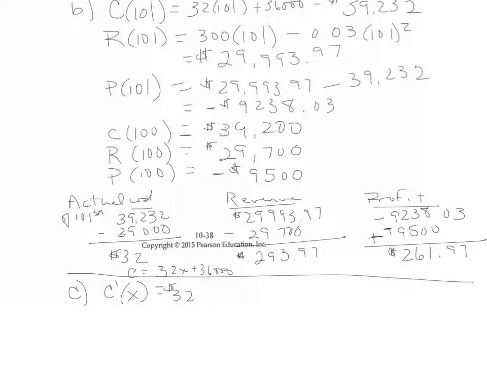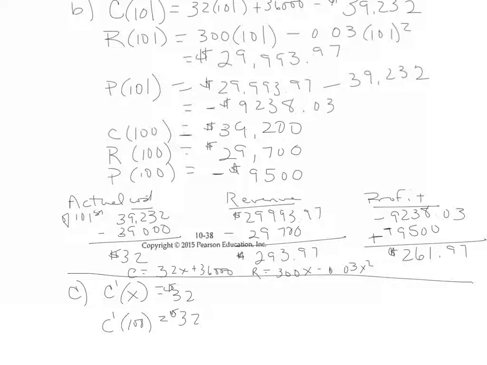Oh my gosh. That was a much faster way to see what would be the cost. And this is not changing. So if I want to know what would have been the cost of the 100th unit, it's still $32. There's no variable change there. That's staying the same. Now, for the revenue, the original revenue function was 300x minus 0.03x squared.